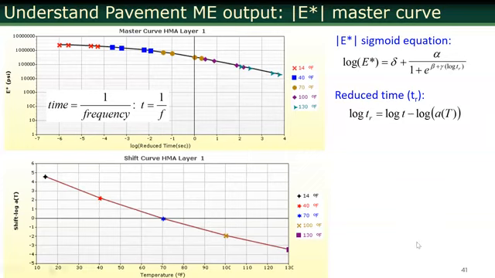All right, so that was the reduced time minus the logarithm of shift. Now you can see as a function of temperature, the shift factor A of t is plotted. This is also an output of the pavement ME. So when you see these two, that's what it means. This is a shift factor.